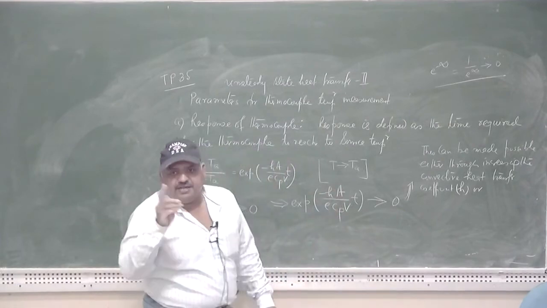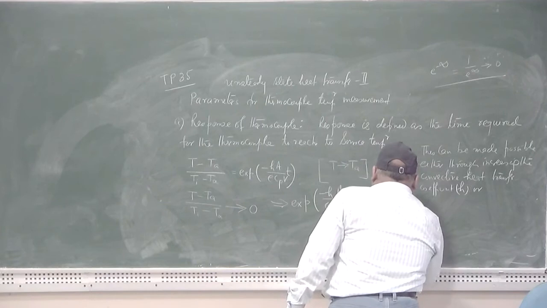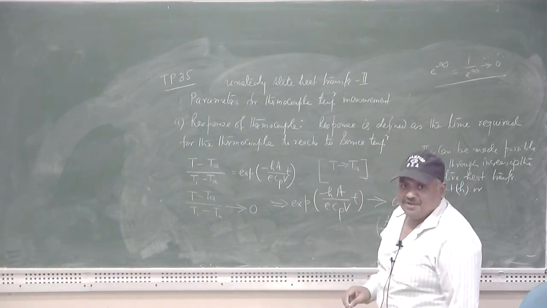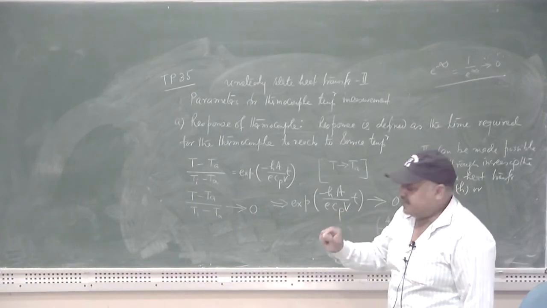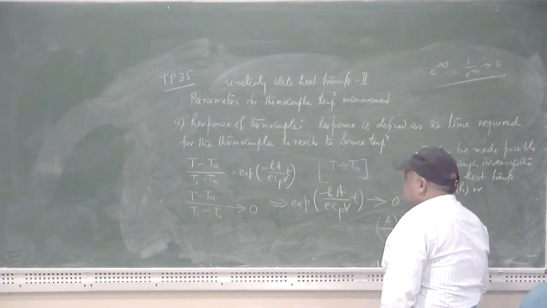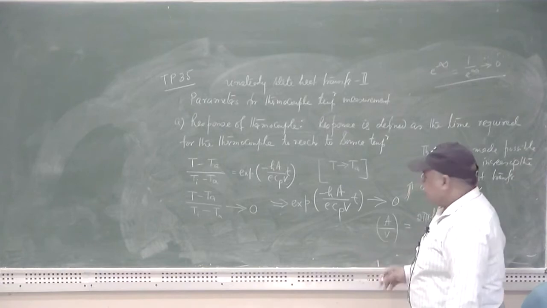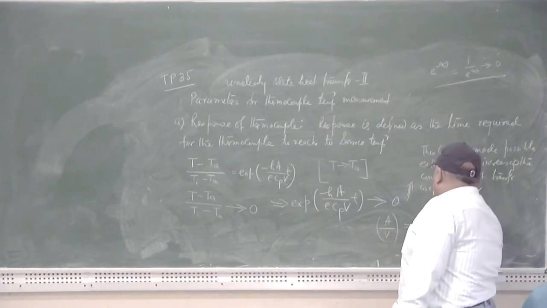this quantity A by V. So let us suppose the area through which heat transfer is being carried out is 2 pi r h, that is the curved area, divided by the volume, pi r square h.